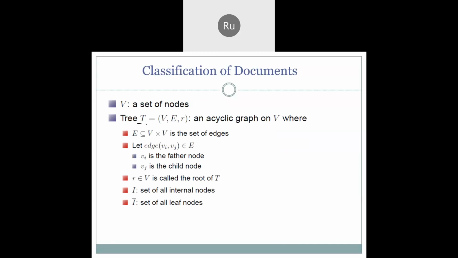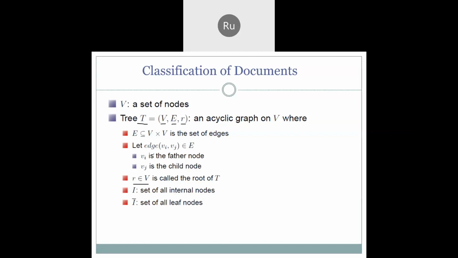So this tree is represented by the vertex or the node, the edge, and also what we call the starting point, the root. Okay, so the root must come from one of the vertices or the nodes or the attributes.